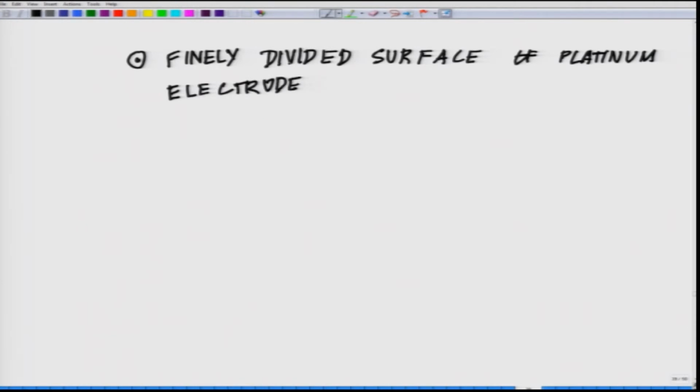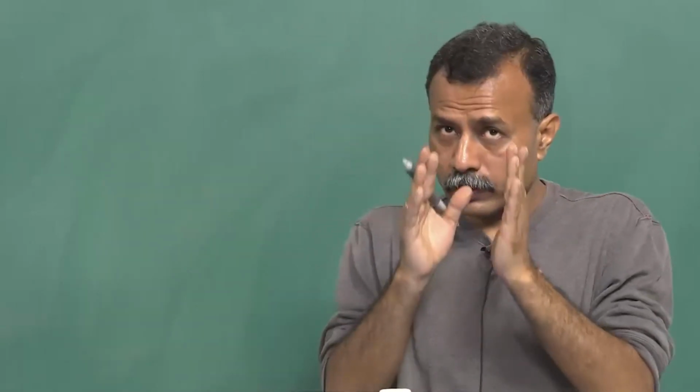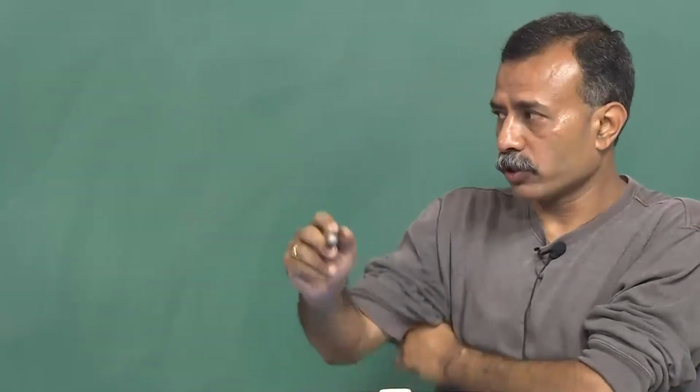Then the next important point here is HCl solution with an activity of H plus ions as 1. That gives you a catch: in case the H plus activity in the HCl solution is not 1, then we will see a different kind of drift in this electrode. So, keep that in mind. These points I am mentioning are exceptionally important.